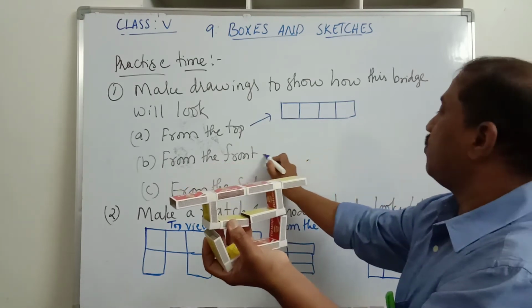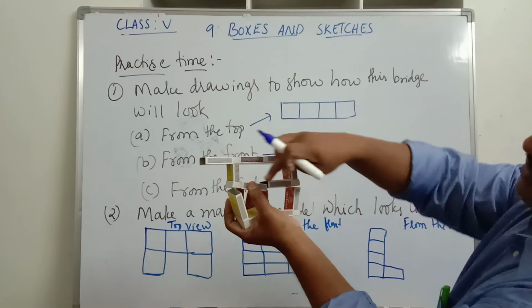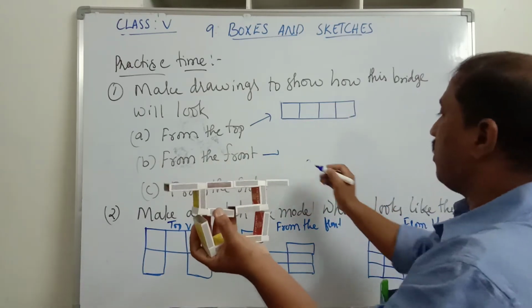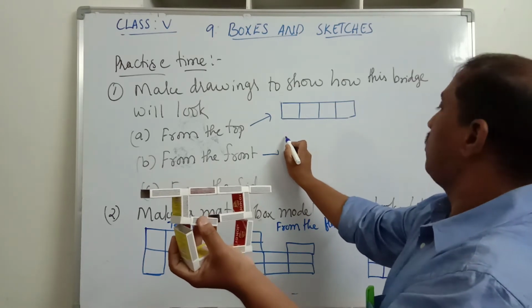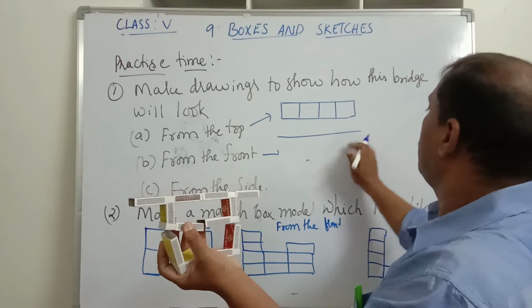Then the front view. In front we have this portion and 3 pillars, and between them 2 bridges again. So we have 2. Now we have, like this, 4 matchboxes.